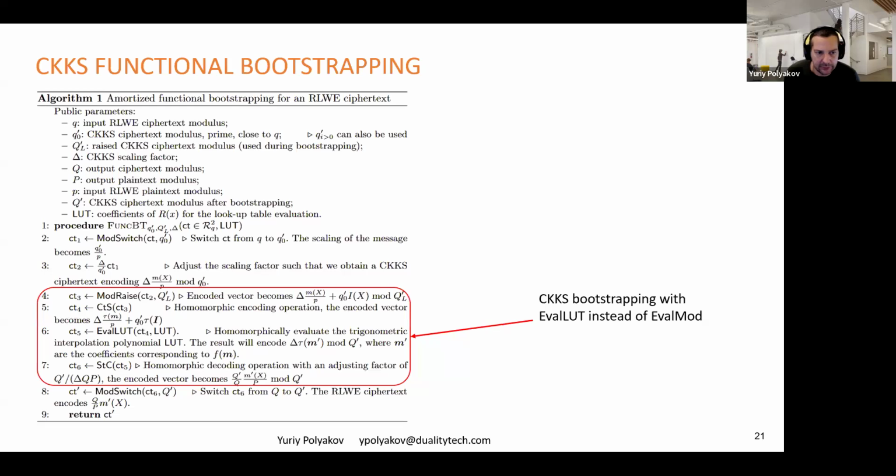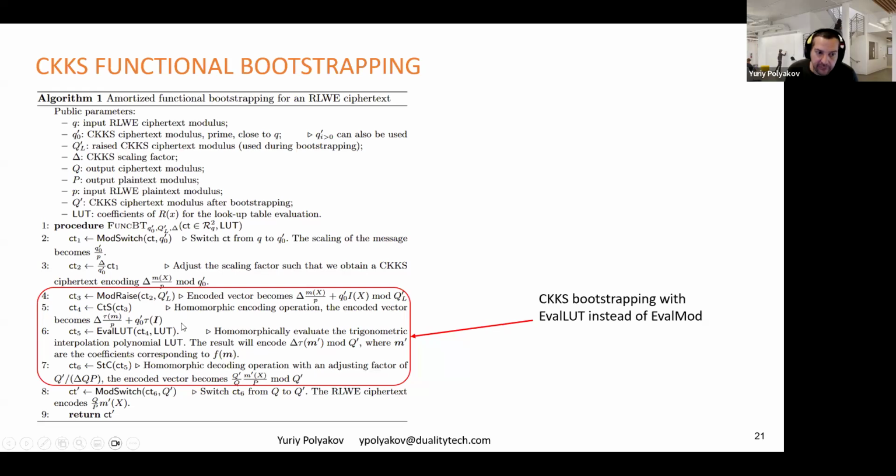So what we've seen in many works, and for instance, it's the standard 4-step protocol. Sometimes the order of this is switched, but at a high level, we do mod raise to go from a smaller modulus to a higher modulus, where we get an overflow term. Then, since we're in a coefficient encoding at this point, we have to apply a linear transform to go from coefficient to slot encoding, so we can evaluate functions.